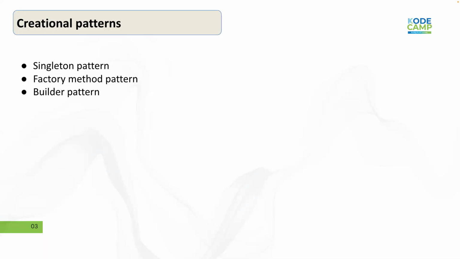So the problem the builder pattern is solving here is creating objects with many optional parameters, becoming unwieldy with constructors. Now I'm just speaking grammar. You may not understand, but I just want to speak the grammar so that we'll focus on the examples.